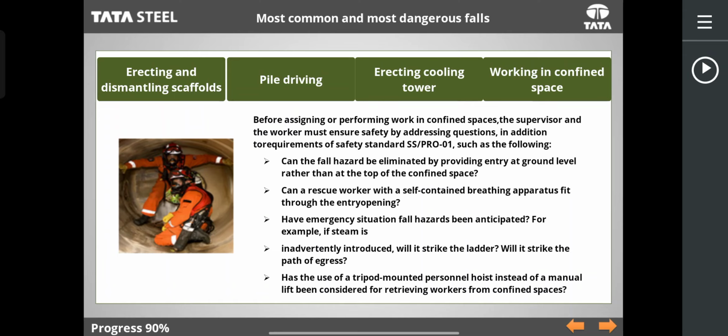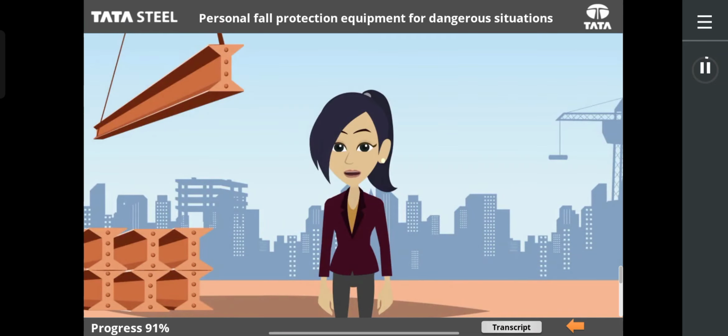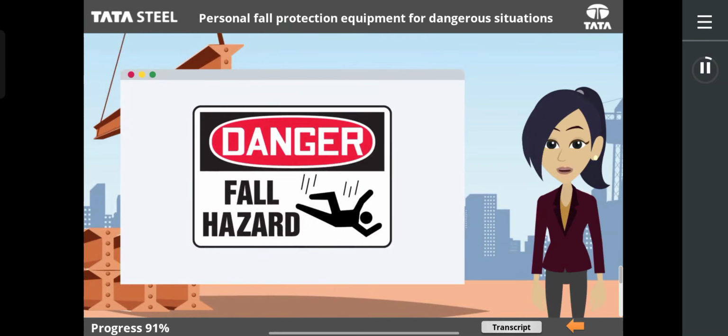Next, let us look at the final level of defense in the form of personal protective equipment in these cases. In these cases, elimination of the fall hazard will be difficult.